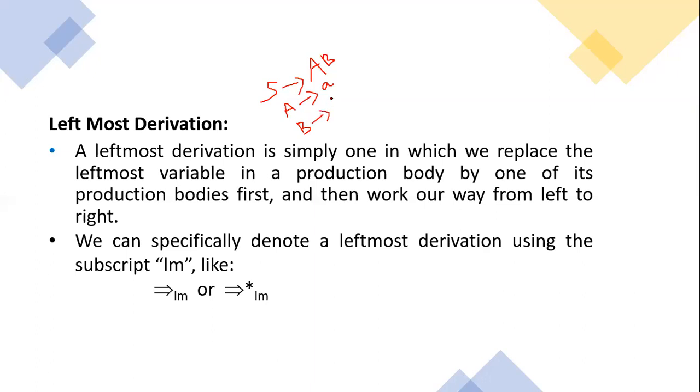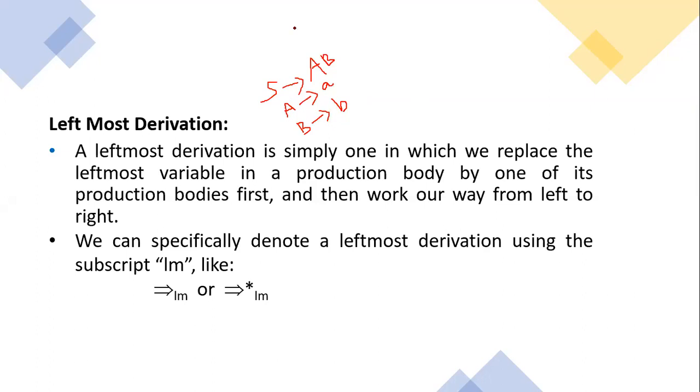Here the non-terminals are S, A, B and the terminals are a, b, right? If we are going to substitute, we are going to derive some string. How can we derive the string? Finally, if we come up with the terminals, we can achieve it. We are substituting some values for the non-terminals. Finally, we need to reach the terminals. This is the concept. Start with the non-terminals and try to reach the terminals.